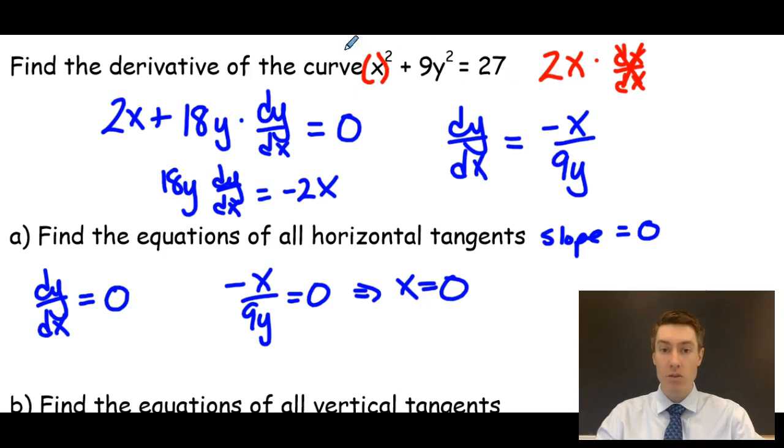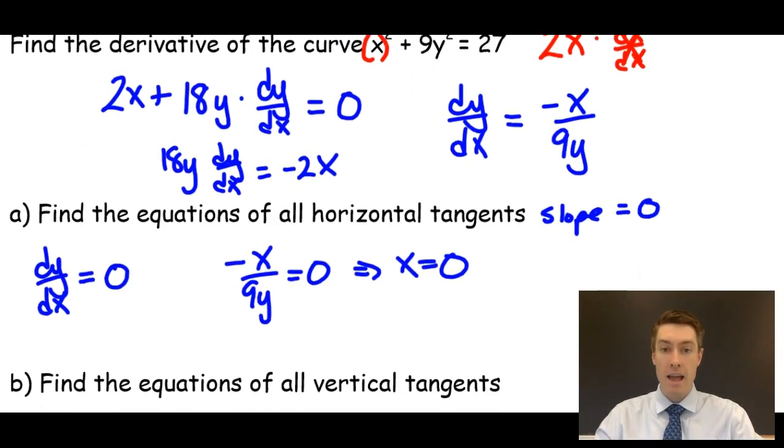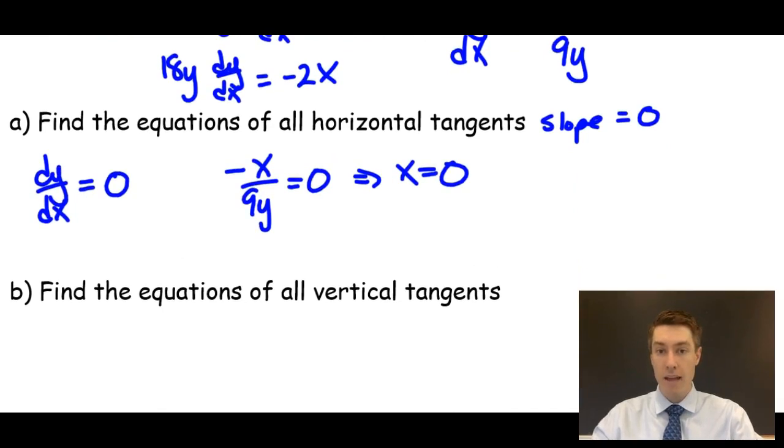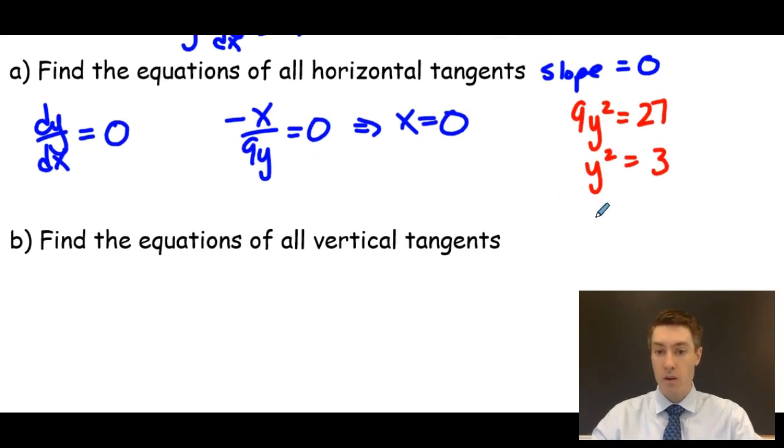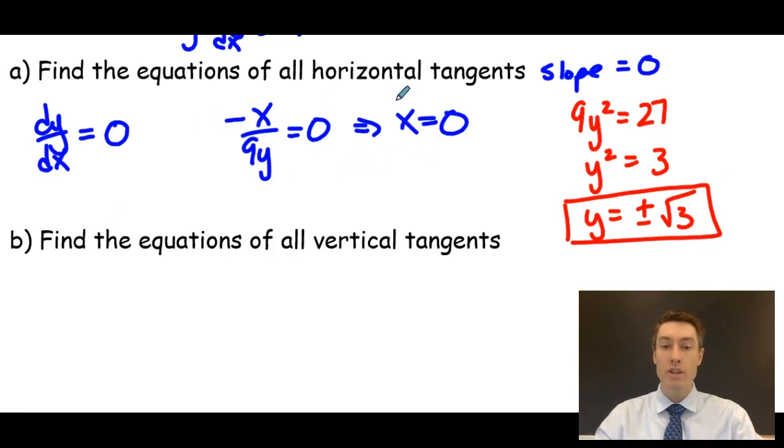So I have to go back into the original expression here and plug in 0 for x. So we get 9y squared equals 27. y squared equals 3. So y equals plus or minus the square root of 3. There's the equations of the horizontal tangent lines.